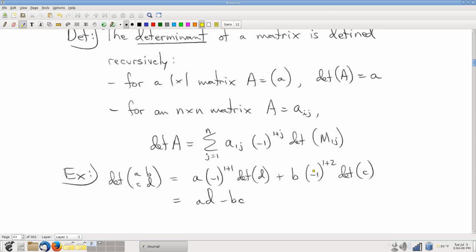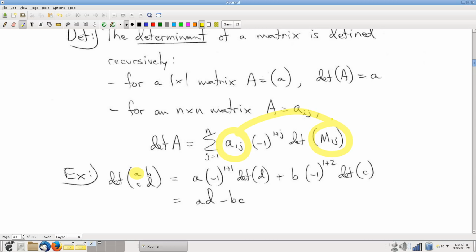And then finally, let's look at the factors that are the minors, and particularly the determinants of the minors. Well, for this first term, notice the corresponding minor for the entry that we're looking at.